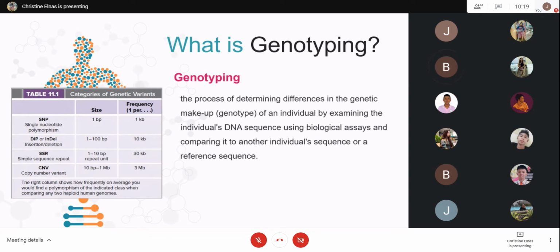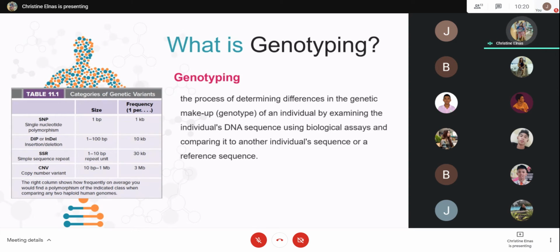That's okay. So these are used to target a specific position or segment in an individual's DNA. The scientists use this to predetermine these genetic variants.